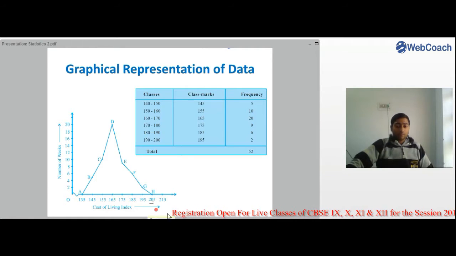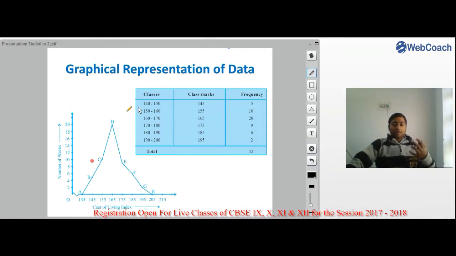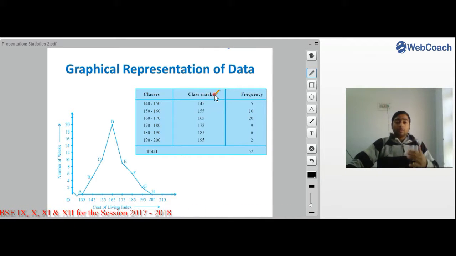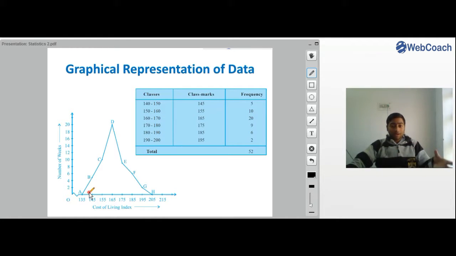And the class mark which occurs before 145 is 135, which is spaced at a gap of 10.